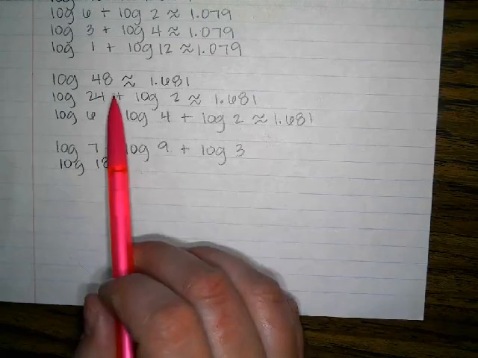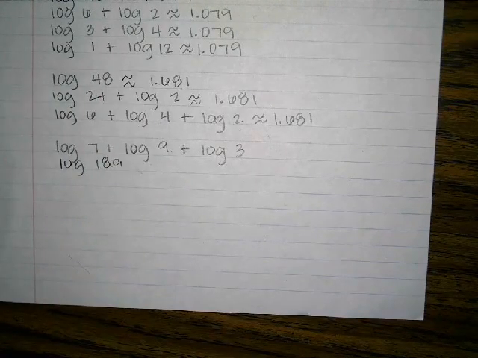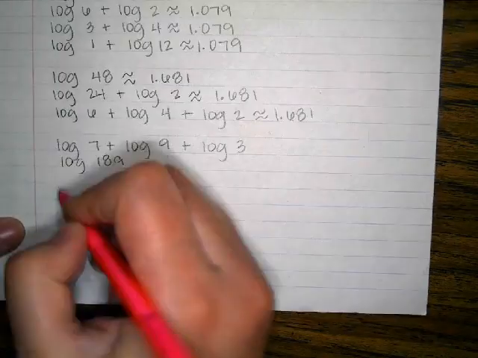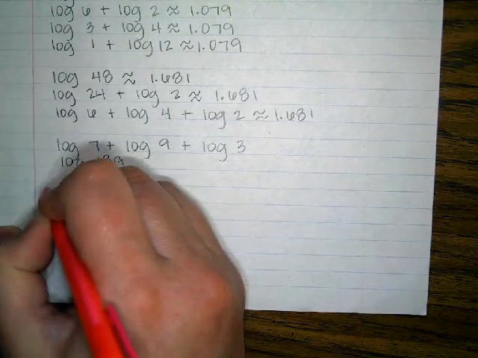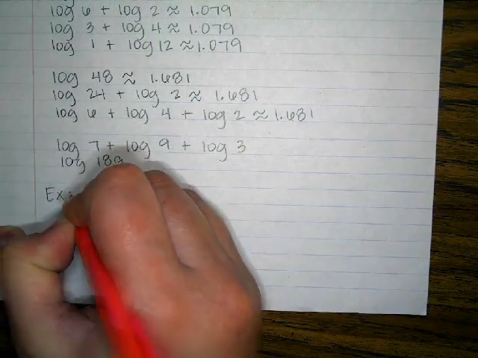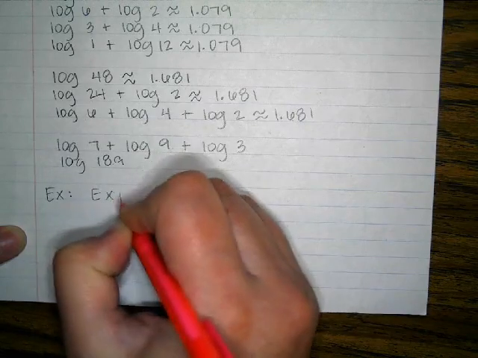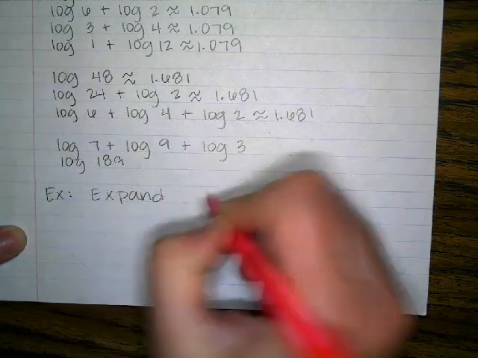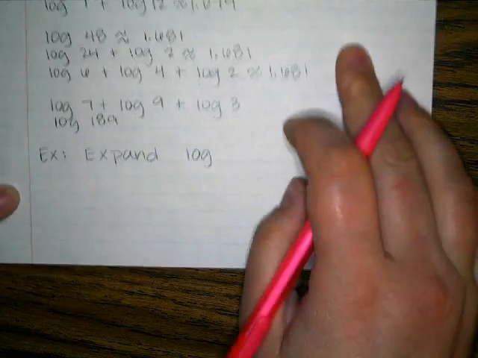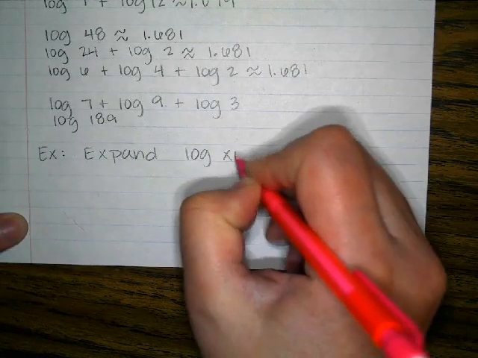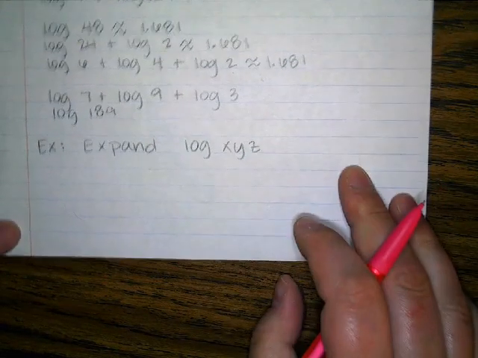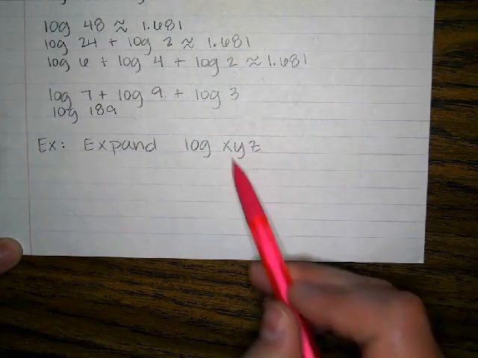Okay, so I want to show you guys a couple of what you could see if you're doing something that's in variables as opposed to something written like this. So let's say that we were doing expand log xyz. Then I would just look at how many things were multiplied together.